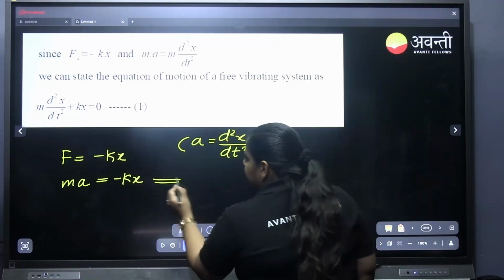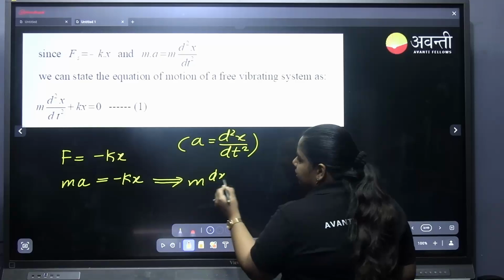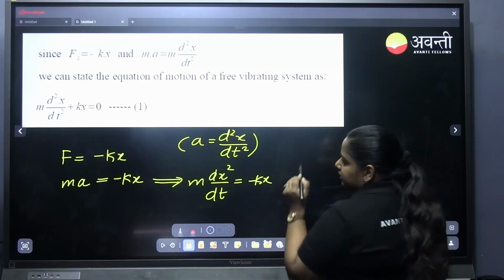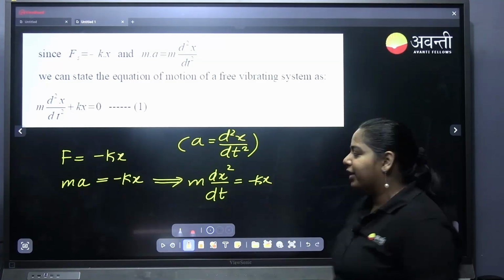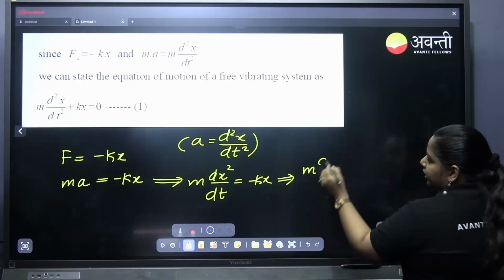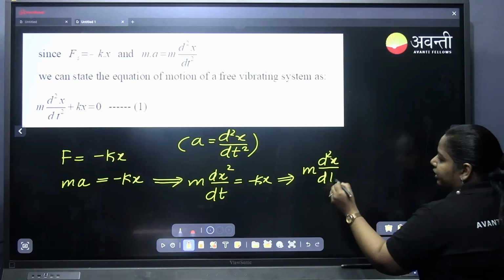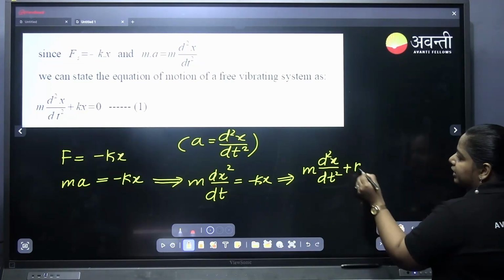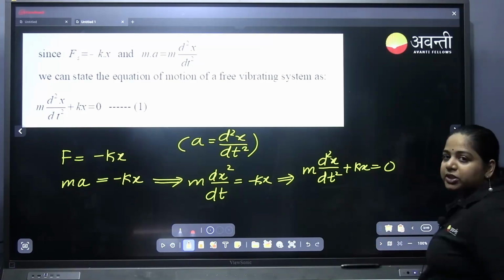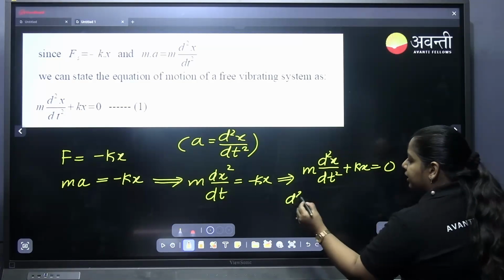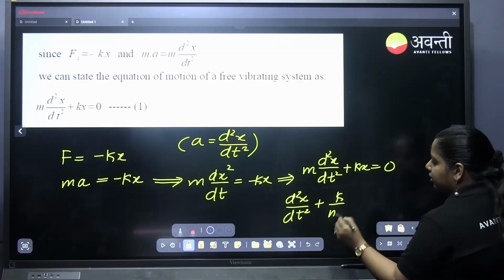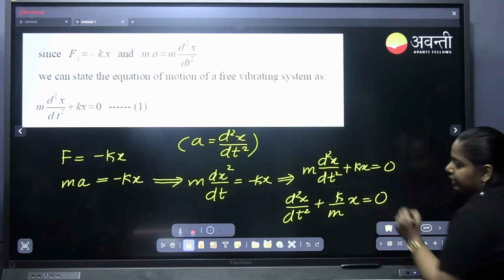Then this equation becomes m d square x by dt square equal to minus kx. On further modification, we get m d square x by dt square plus kx equal to 0. Now if I divide the whole equation by m, you will get d square x by dt square plus k by m into x equal to 0.